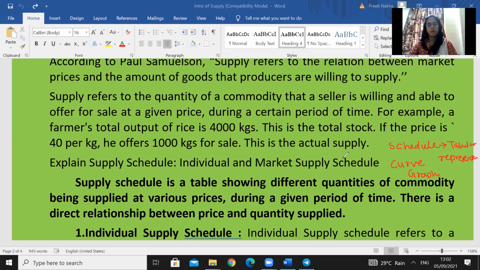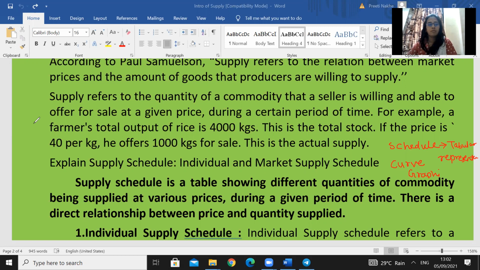So if I draw a supply curve, I am presenting it in graphical form, and if we put the values in a table, that is the supply schedule, the tabular representation.